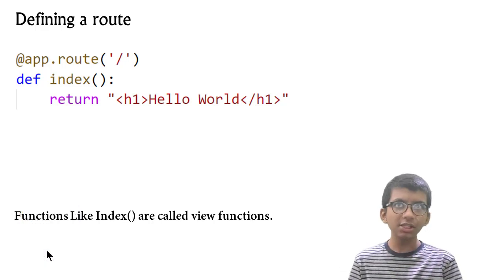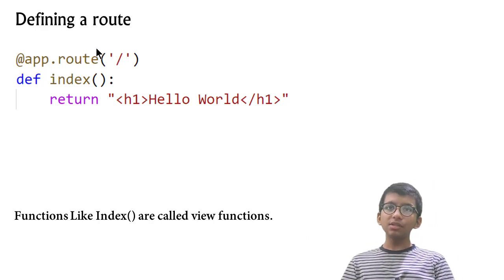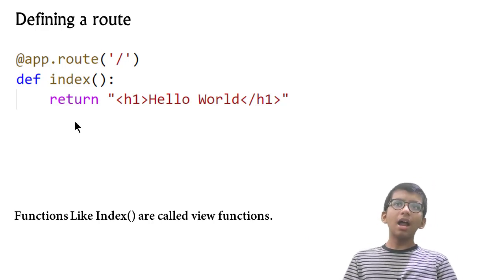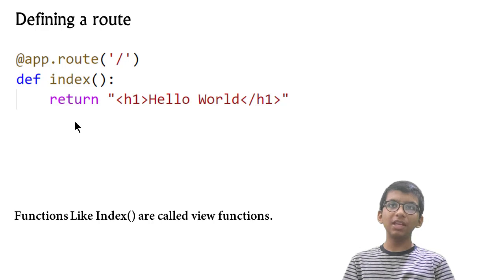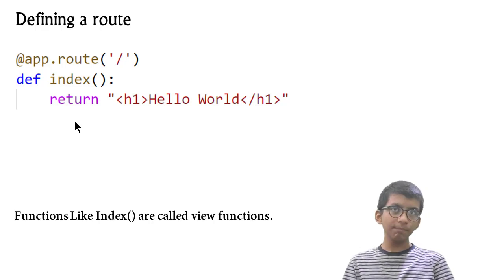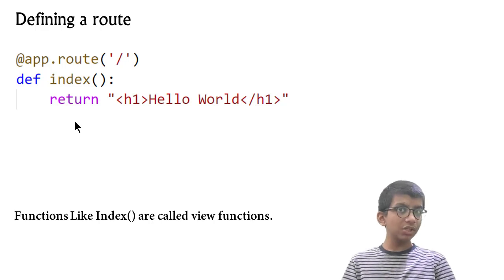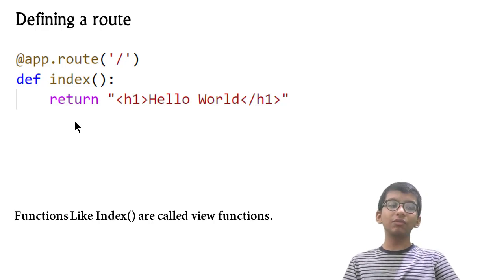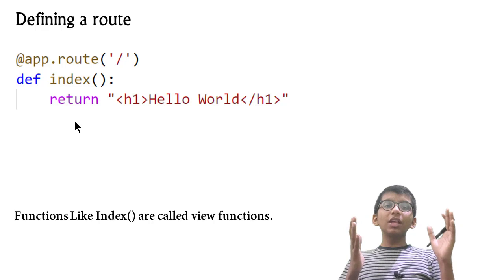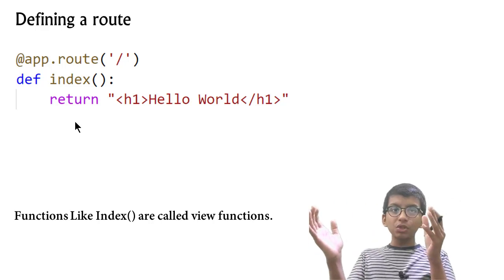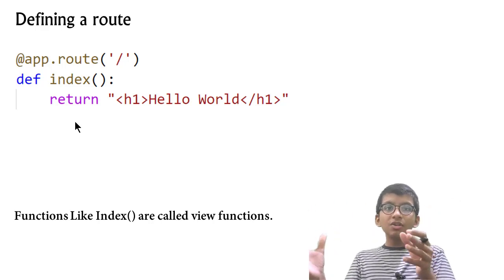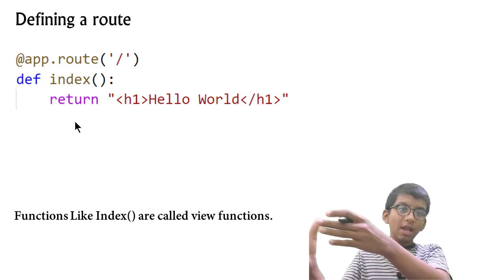Okay, no worries. So again, the routes handle the association between the application and the functions, or view functions. And what is a view function? It's a function like index, because if the client sends a request to the server, then the server triggers this and passes it to the application instance.